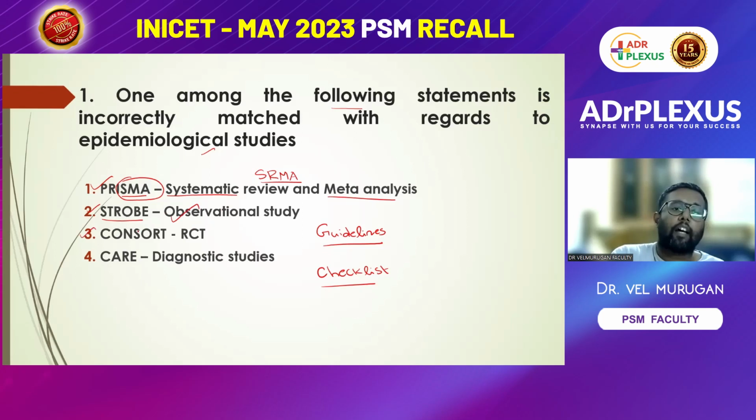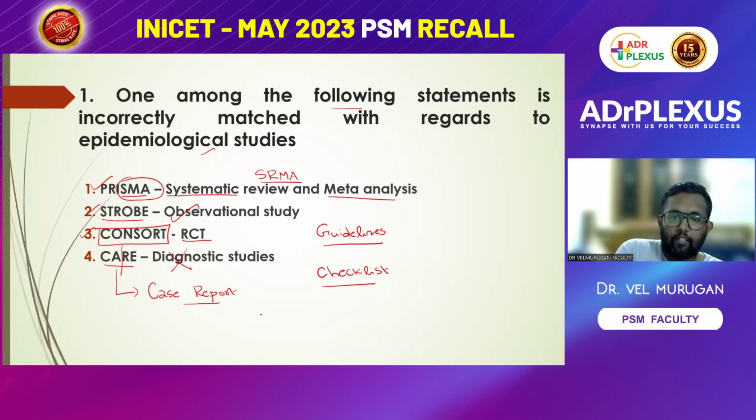Next, for RCT or randomized trials, we draw a diagram and we use something called CONSORT. But CARE is not used for diagnostic studies. CARE is the guideline or checklist for case reports. So what is a case report?